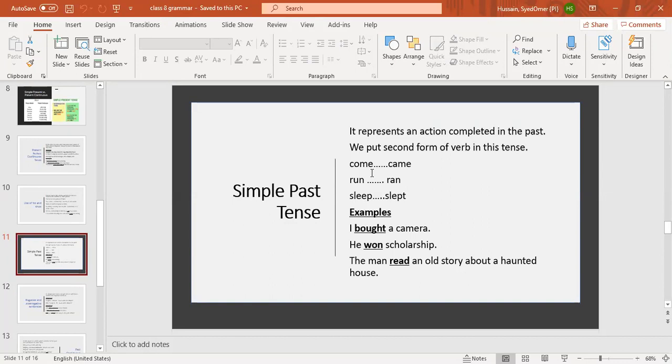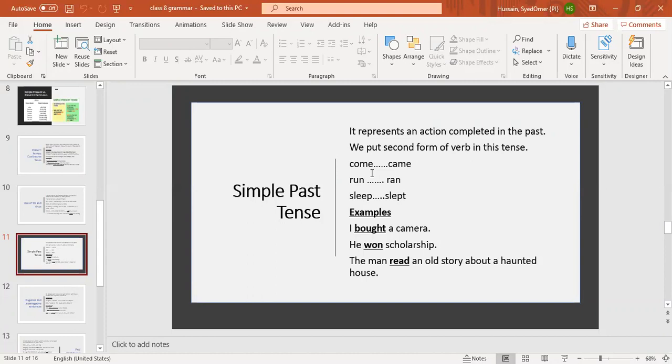Number 3. While we were watching the movie, someone stole our car. Good. Stole, S-T-O-L-E, the past tense of steal. Good, beta. Number 4. When I entered, they were discussing the science project. Very good.